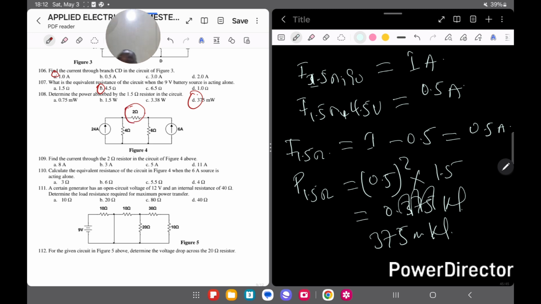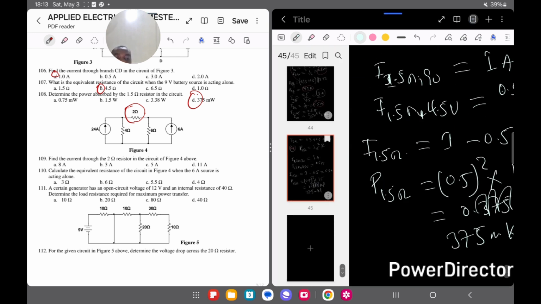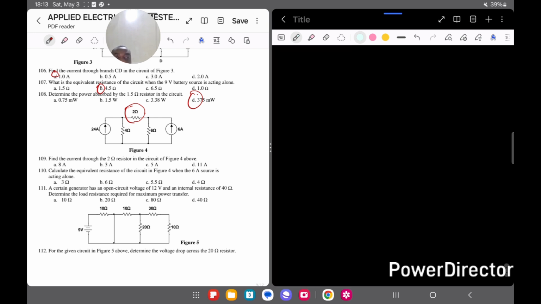To find this current, again we are going to make use of the superposition theorem.